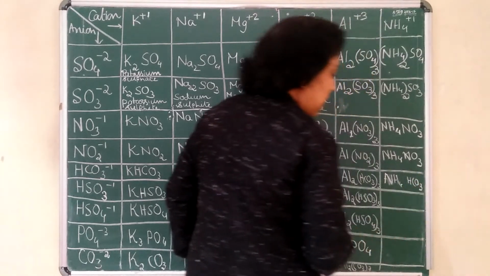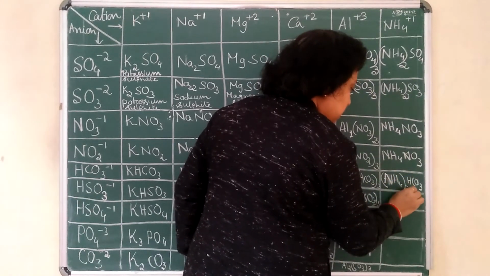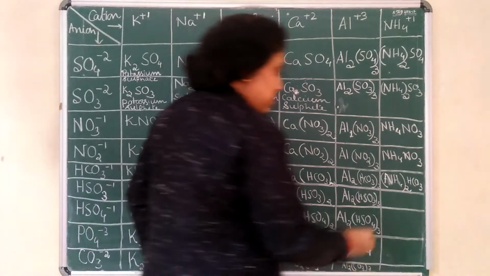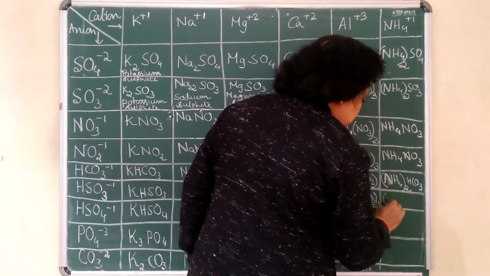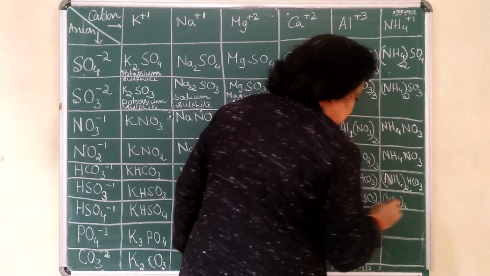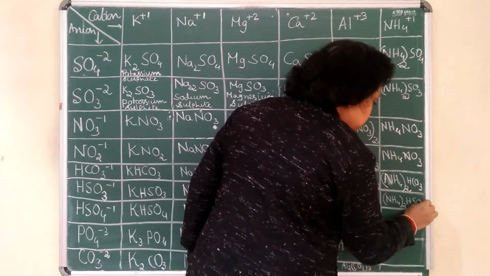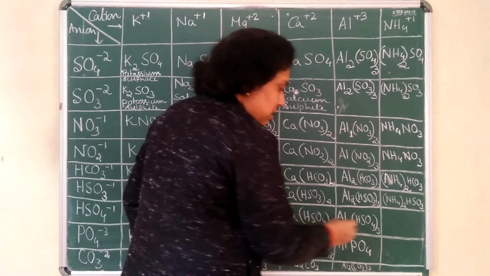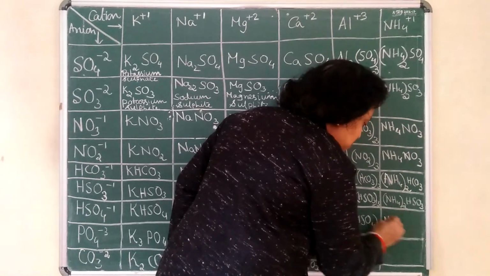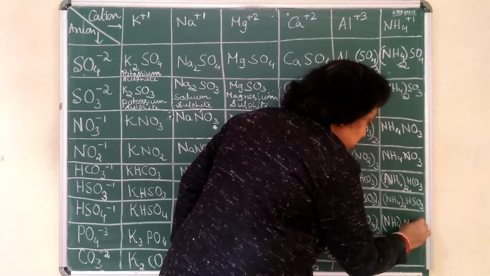Now HCO3, so you have to write ammonium in bracket. Similarly, this also, ammonium bracket will be 2 and HSO3. Then sulfate, hydrogen sulfate, (NH4)2 HSO4.